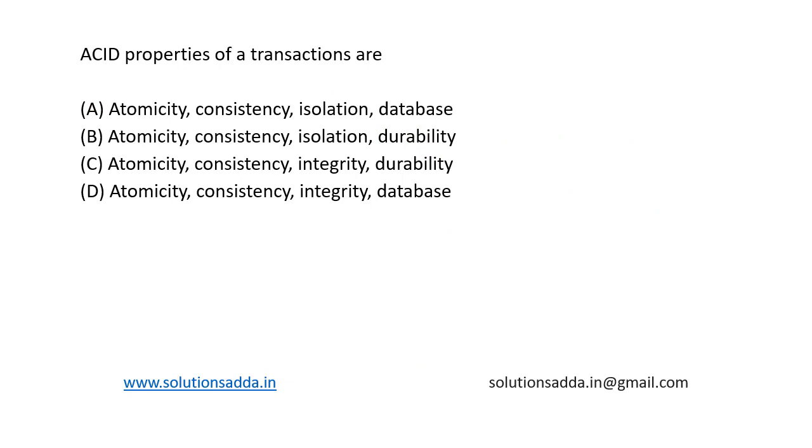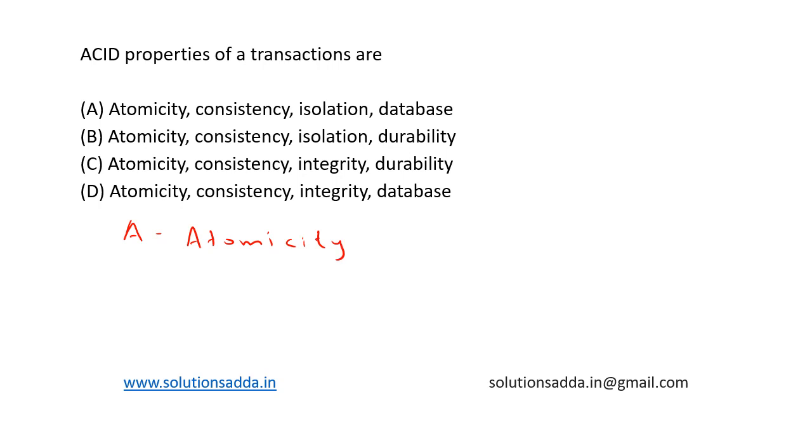This is a question from databases. ACID properties of a transaction are, and four options are given. So every transaction should hold the ACID properties. Let's see what are the abbreviations for A, C, I, and D. A stands for atomicity.